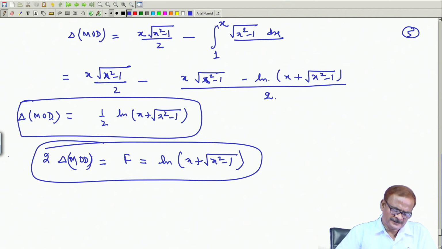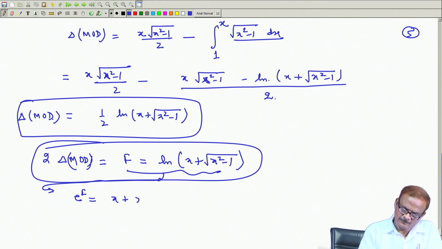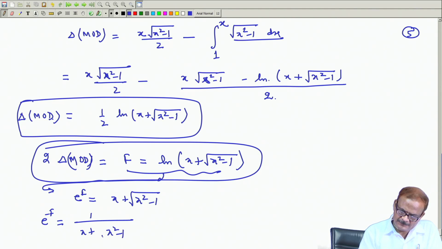So, this is a very abstract representation in this case, but it helps in solving certain problems. Now, we know that x plus square root of x square minus 1 is nothing but e to the power F, and therefore, e to the power minus F will be 1 by x plus square root of x square minus 1.